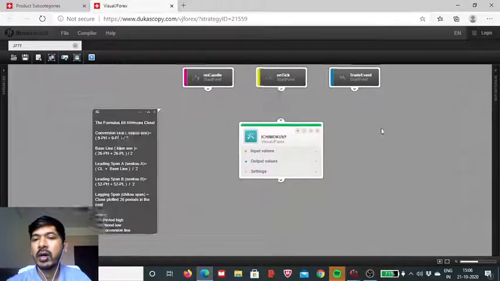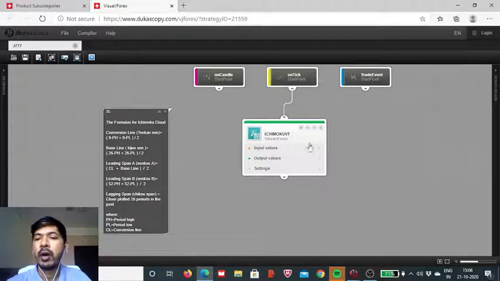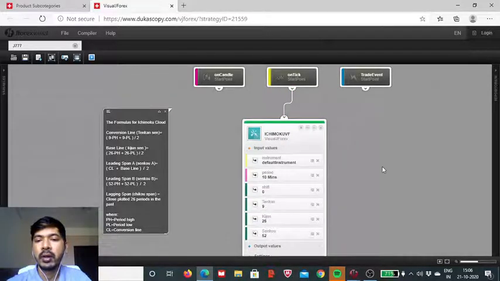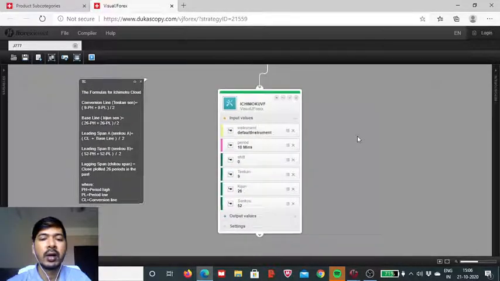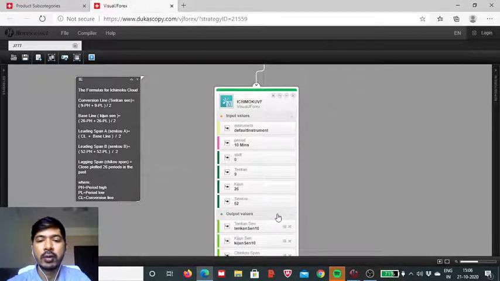Now coming to the indicator block, here we will use this onTick as our initializing point, the start point, and then we will have to define these parameters, depending on which we will get the output values.